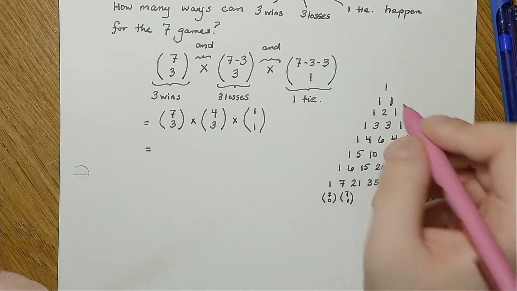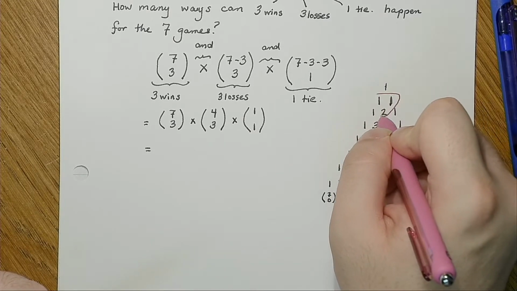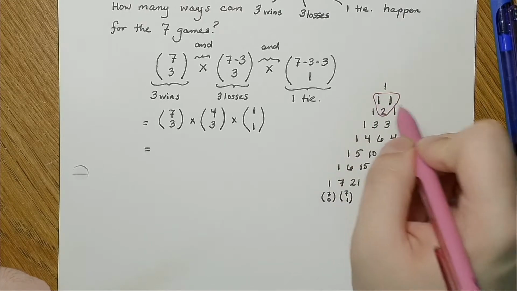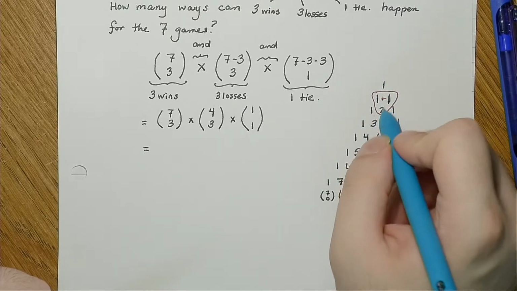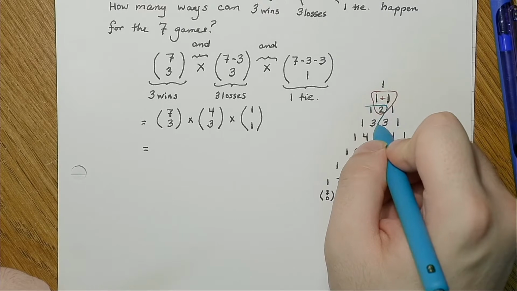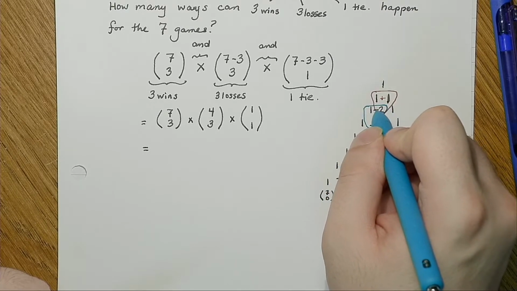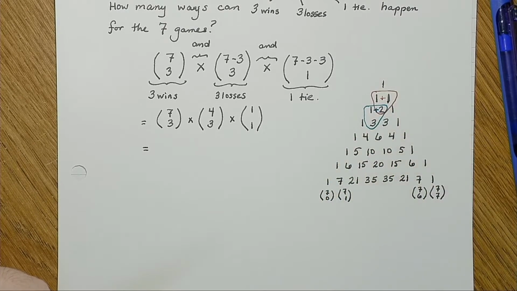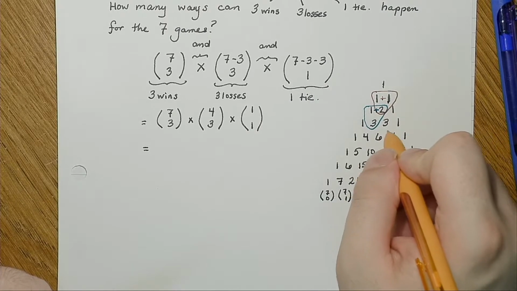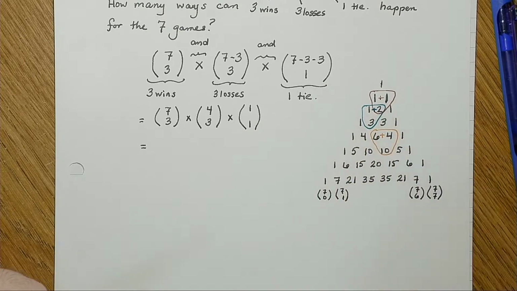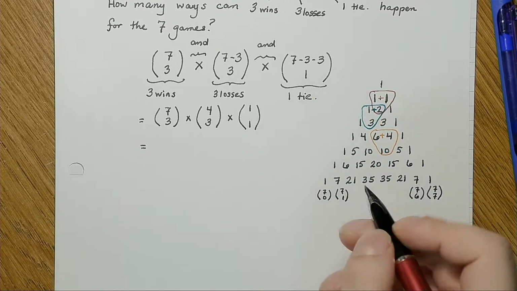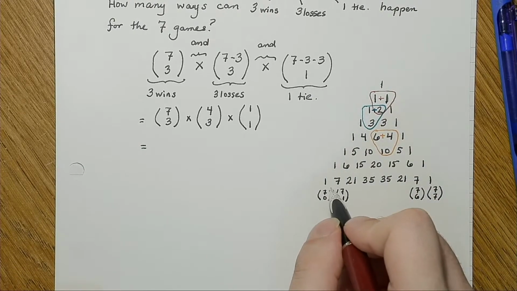So again, I'm generating. So 1 plus 1 gives me 2. If I look at this, here's 1 plus 2 gives me 3. If I look down here, let's say 6 plus 4 gives me 10. So we're going to look for the 7 choose 3.